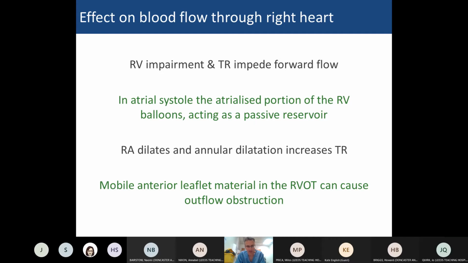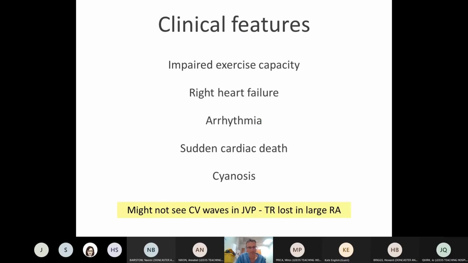The right atrium dilates, and then you get secondary annular dilatation that further increases tricuspid regurgitation. And you can get mobile anterior tricuspid valve leaflet tissue in the RVOT, the outflow tract, which can cause obstruction to outflow.